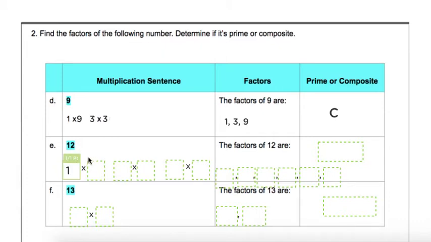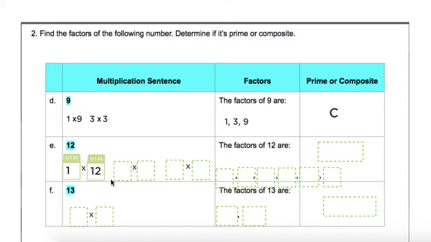1 times blank equals 12. We know this, y'all. What's going to go in this second blank? Yeah, 12. Good job. What comes after 1? 2. So now we're going to try to figure out if 2 can be multiplied by something to get 12. Can 2 be multiplied by something to get 12?